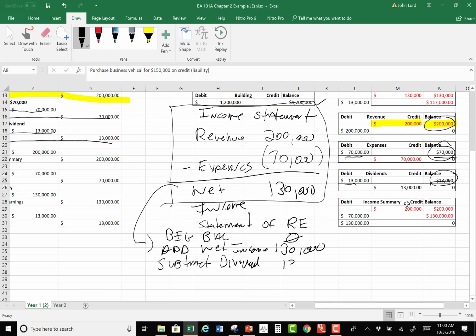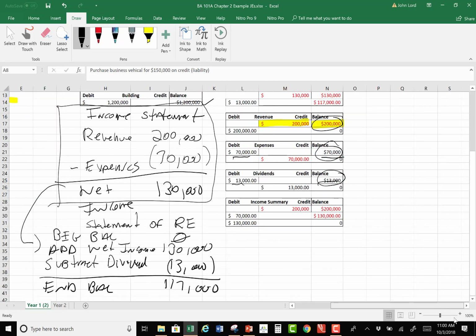That says dividend, which is 13,000. I subtract that, and that gives me an ending balance in my retained earnings of 117,000. That's my retained earnings. Okay, good. Now I can go ahead and prepare my balance sheet.